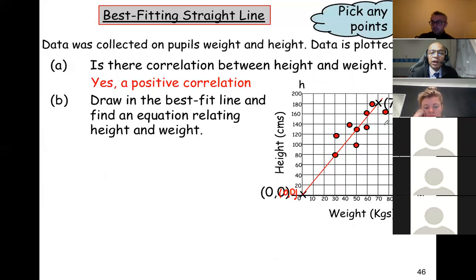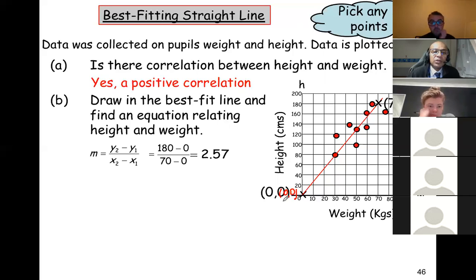Once we've got our couple of points, we can do our gradient. This is quite easy because you would pick X2, Y2 as your 70 and 180. Taking away 0 for X1 and taking away 0 for Y1 makes it much easier for us. So m equals Y2 minus Y1, 180 take away 0, divided by 70 take away 0.